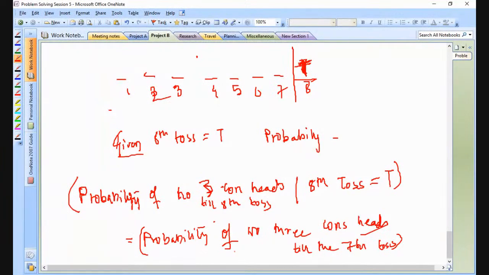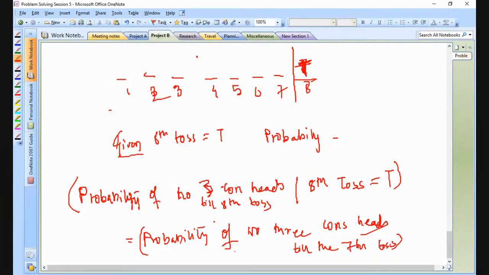Okay, so the probability of no 3 consecutive heads till the 8th toss, given the 8th toss is actually tails, is the same as the probability of no 3 consecutive heads till the 7th toss. Why? Because if it is tails, there is no possibility of having 3 consecutive heads at the 8th time point.